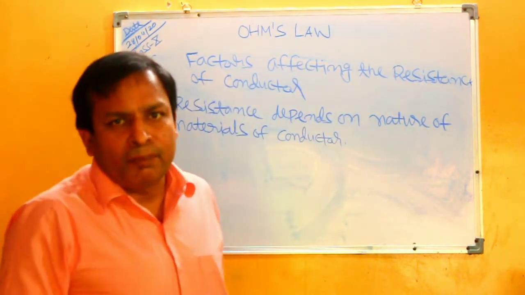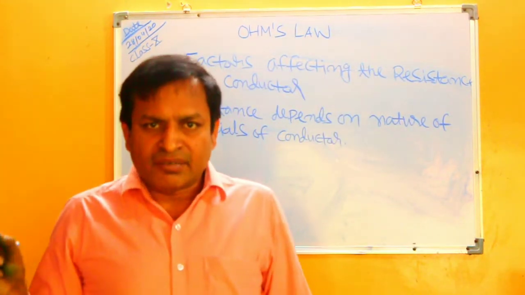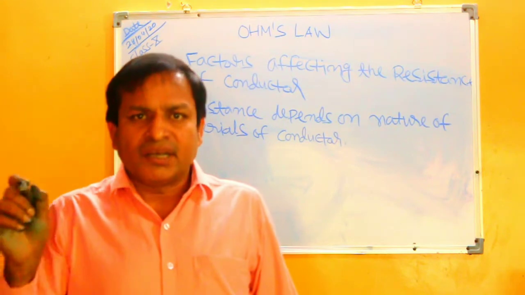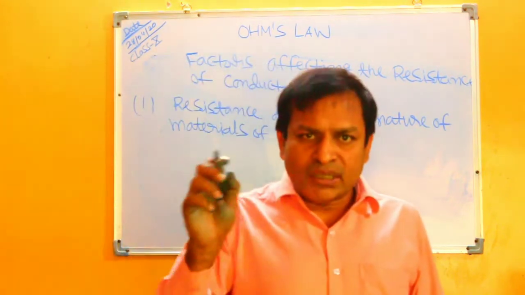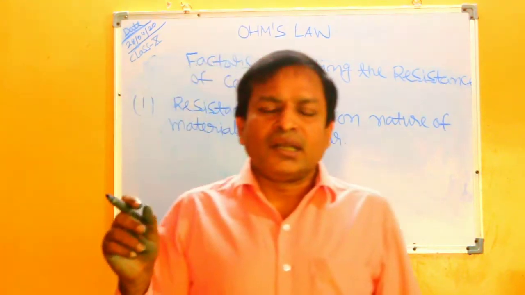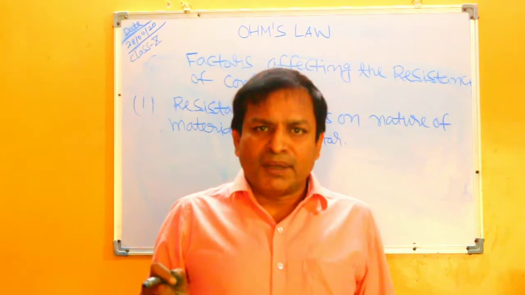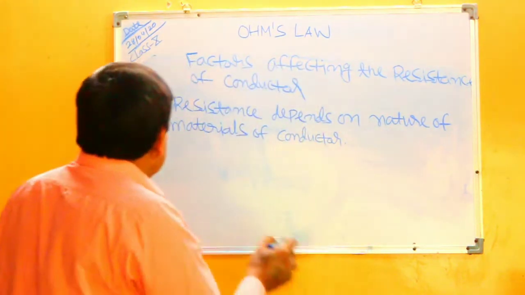For example, some materials have very low resistance and some materials have very high resistance. Pure metals have low resistance and alloys have very large resistance. So the resistance of a conductor depends on materials.